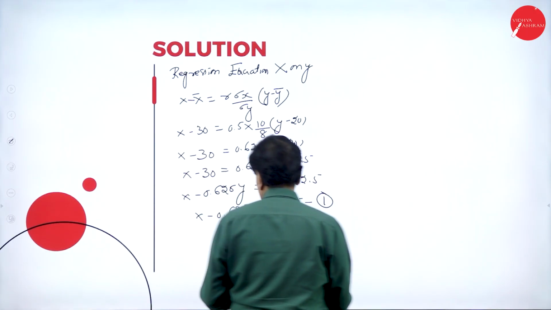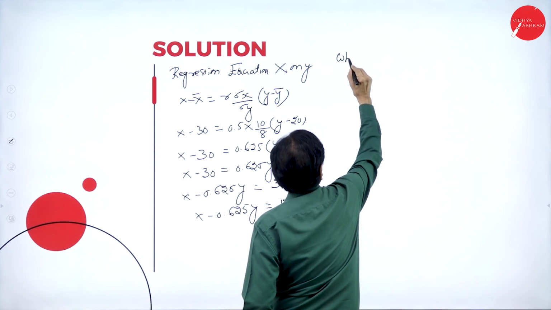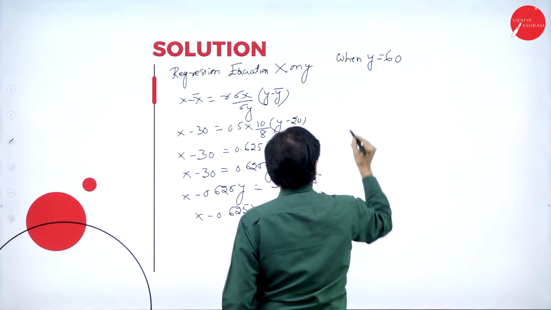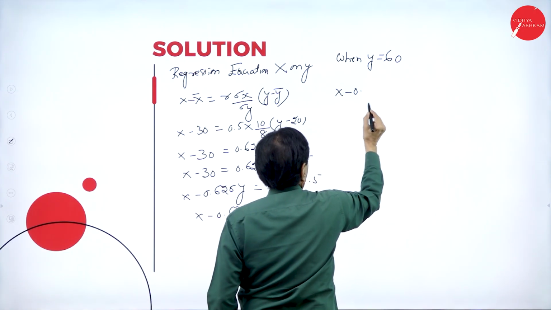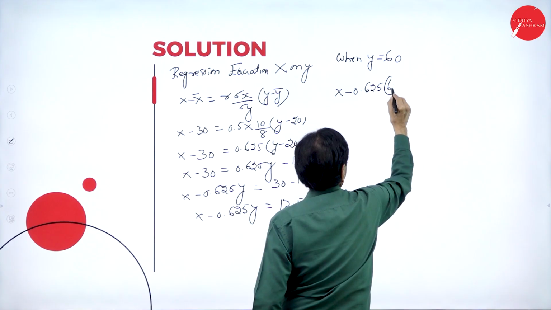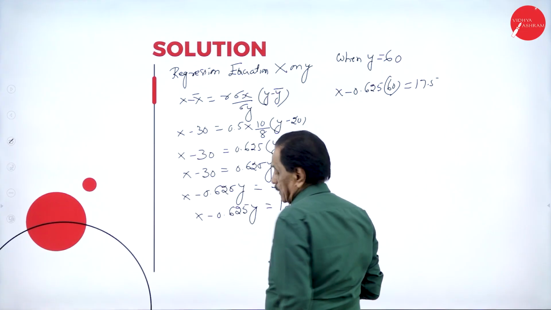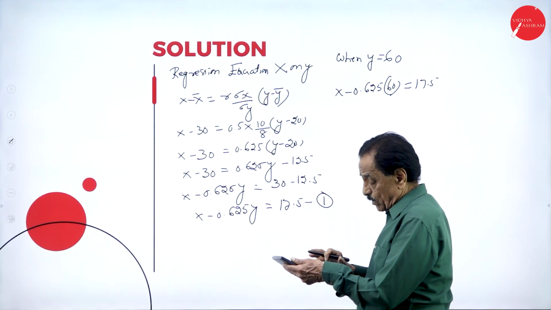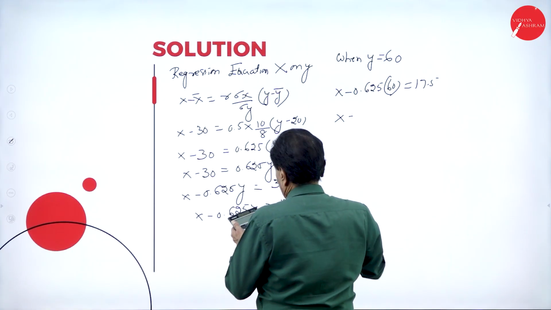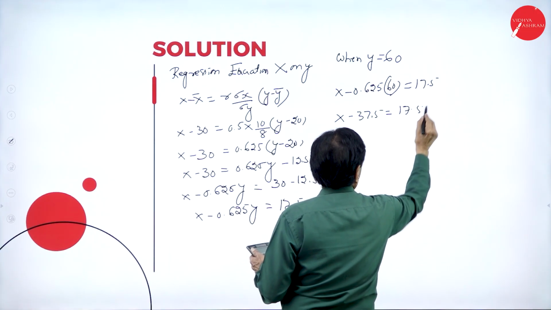Now, what's the y value? When y is 60, apply: x minus 0.625 into 60 is equal to 17.5. So multiply 0.625 into 60, which is 37.5: x minus 37.5 is equal to 17.5.